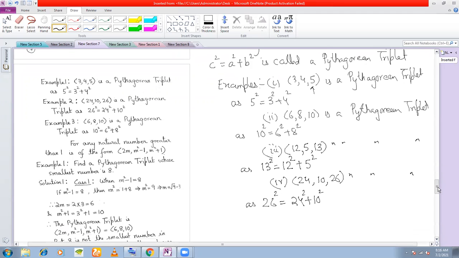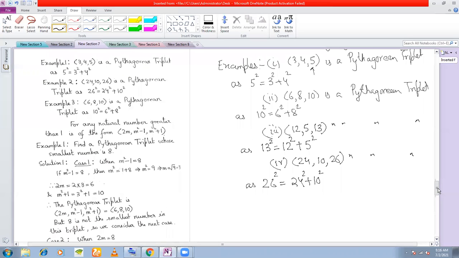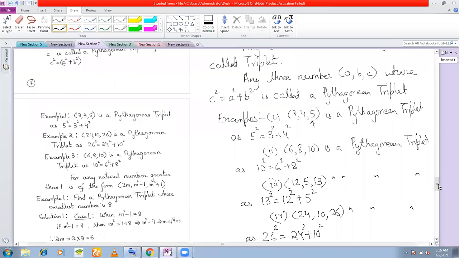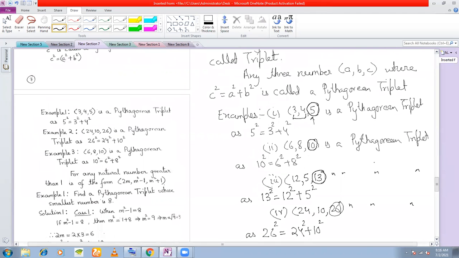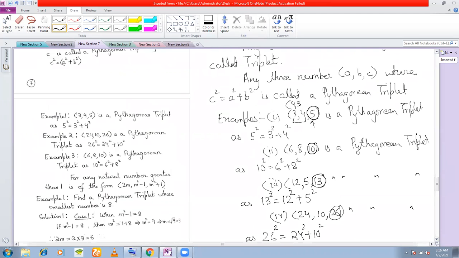Now, notice what I have done in this Pythagorean triplet. Notice that the third number in this triplet is the highest number. These are all highest numbers, right? And you can write these two numbers in any order. 3, 4, 5 you can also write as 4, 3, 5. No problem.